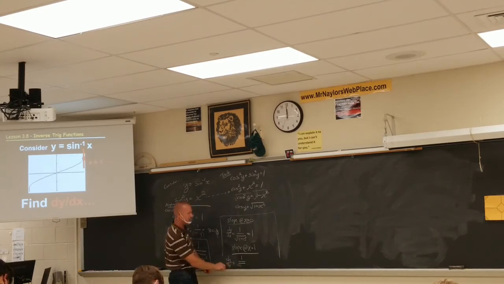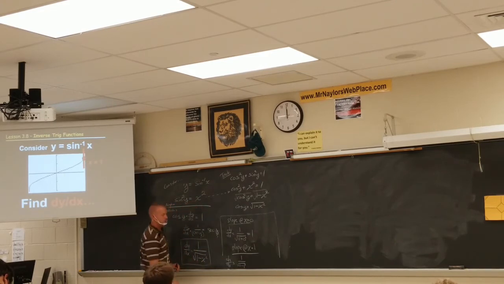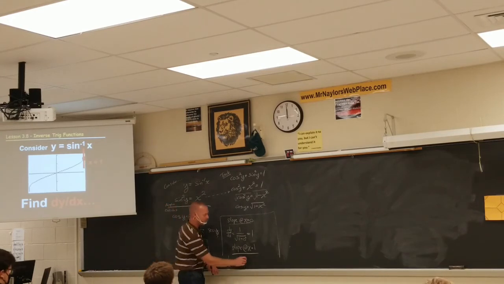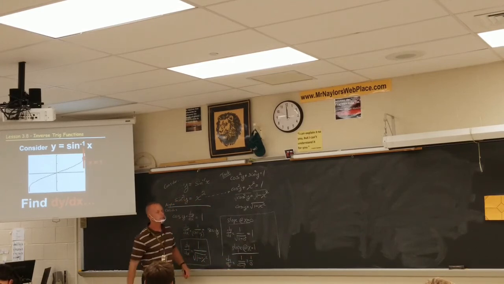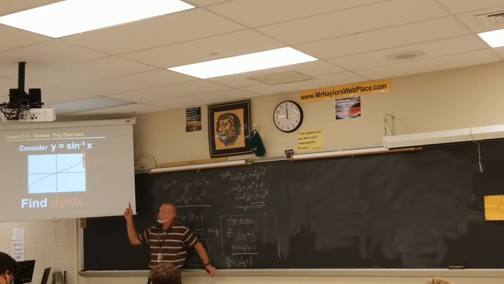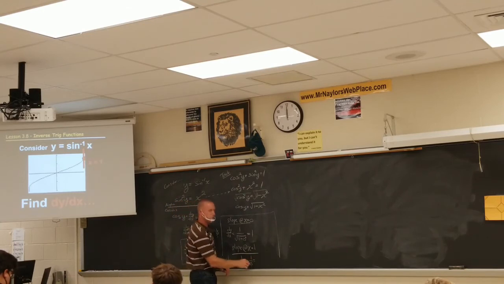I'm plugging the number 1 into my new and improved formula. I'm getting 1 over the square root of 1 minus 1 squared, which is the same as 1 over 0. Basically, a rise of 1, but a run of 0. And of course, when you have a run of 0, we would say that it's a vertical line or an undefined slope.